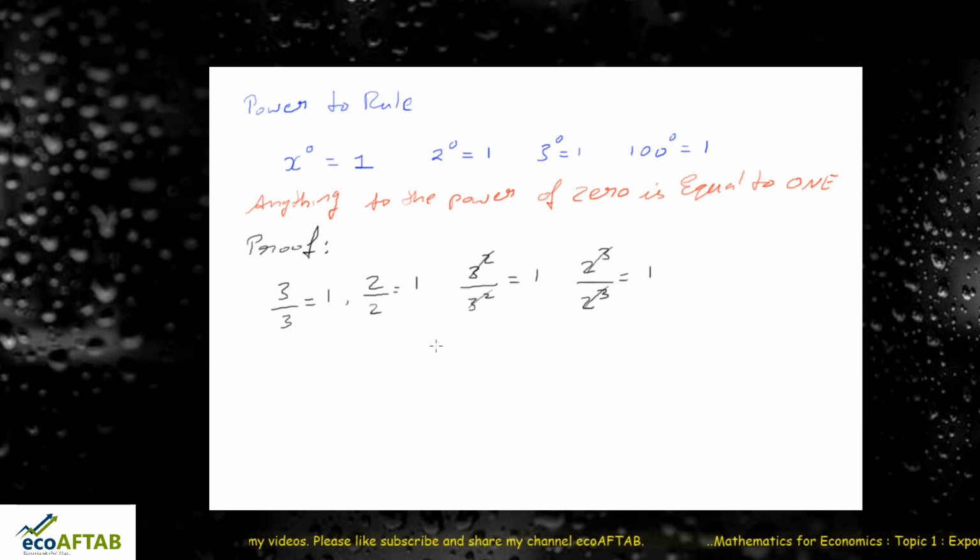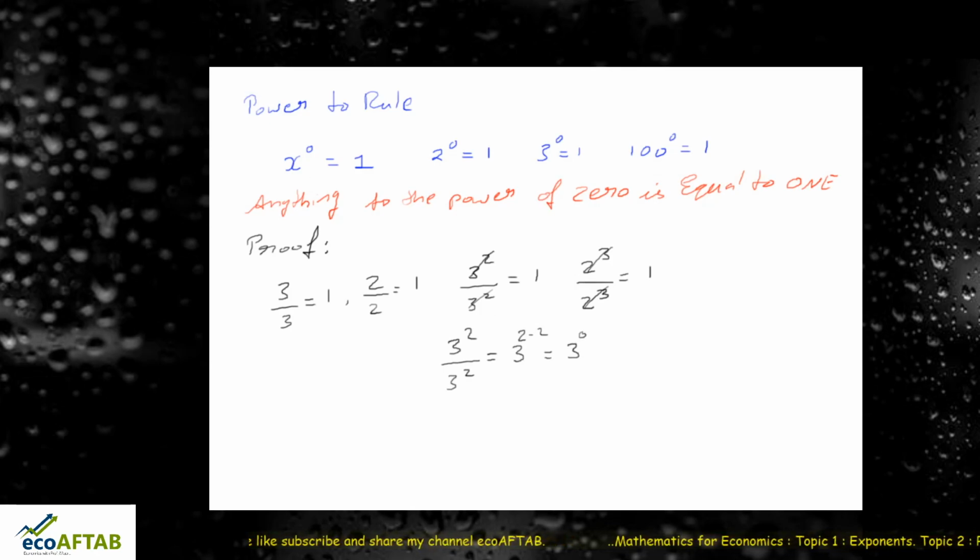Now if you remember the quotient rule, 3 square divided by 3 square, we can write it as 3 raised to 2 minus 2, that is 3 raised to 0.